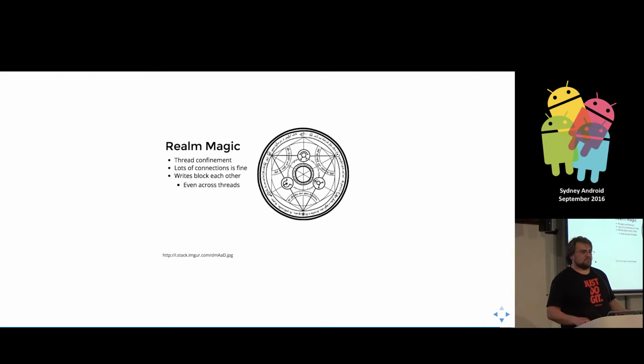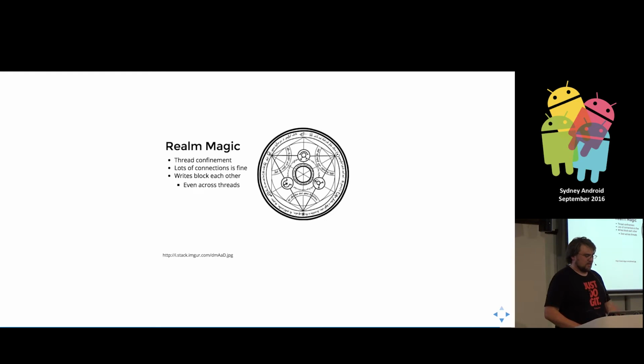In the app at SQL, we've got heaps of connections just listening to the database, doing different things, and they all work in their own little environments. And you can do this because of the thread confinement, and everything is safe because you can't multi-thread really. The multi-threading is all hidden behind Realm.